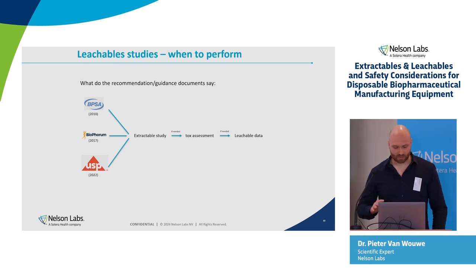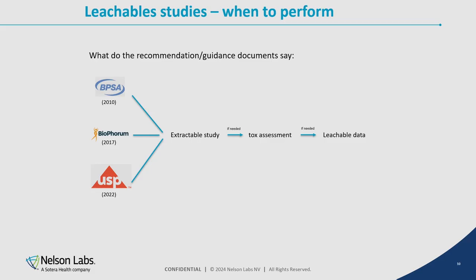Okay, we do the extractable study, and then we look if we find or detect compounds above the final AET. If we do, then we need to do a tox assessment. And then what we actually do is compare the exposures of the compounds, based on the concentration in which we have detected them in the extractable study.